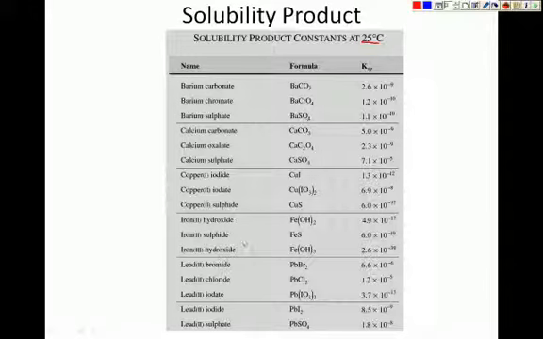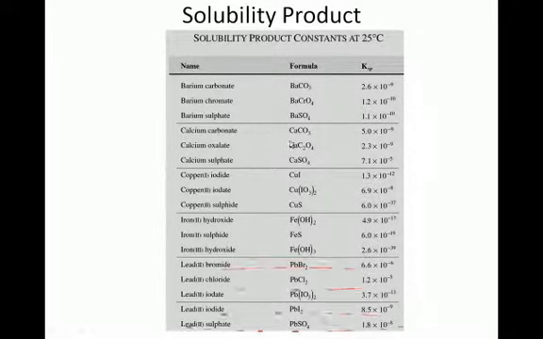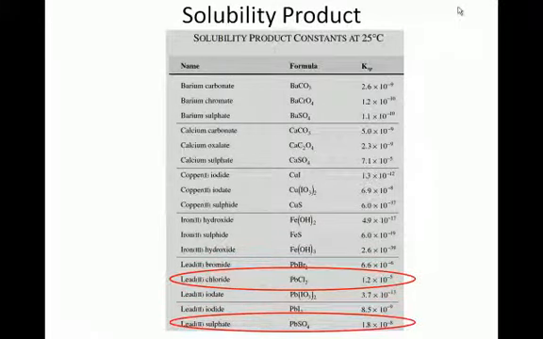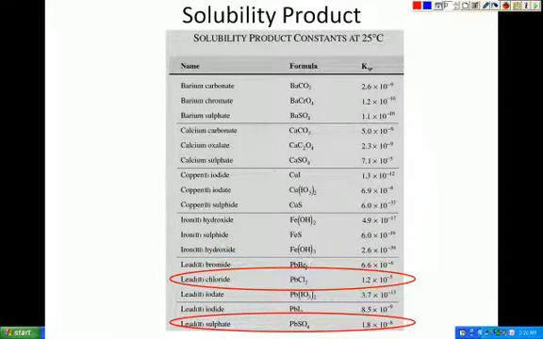Now, let's do a couple of questions where we have to use this table. The questions involve these two values. We'll have two problems coming up on the next slide.